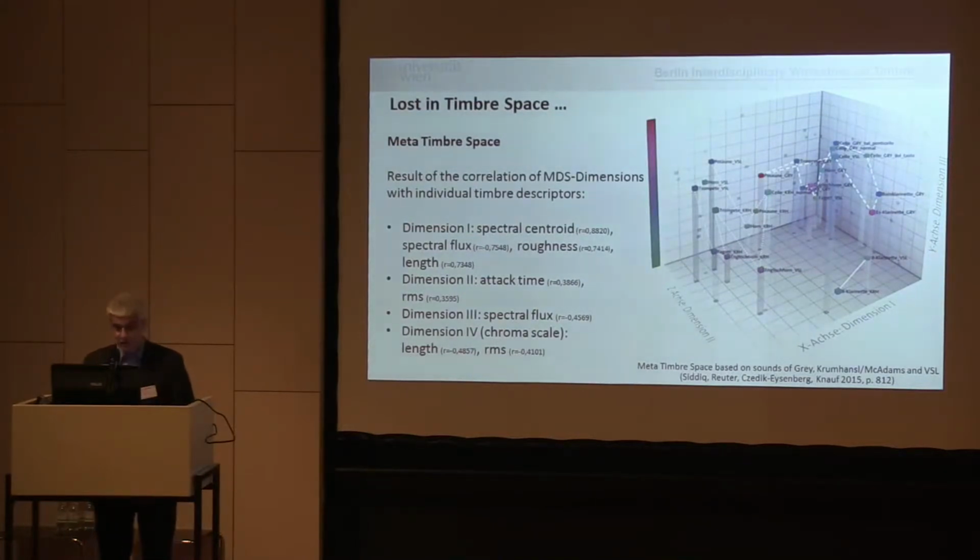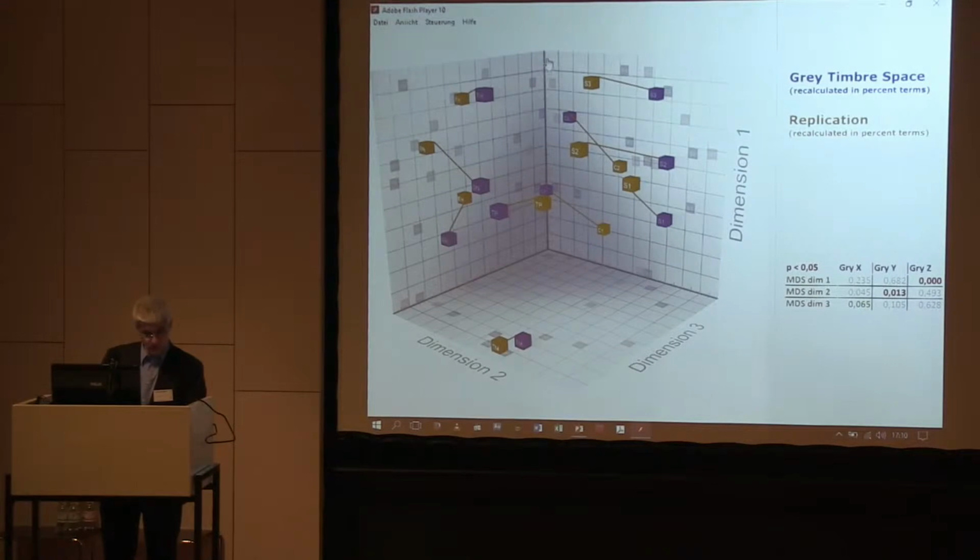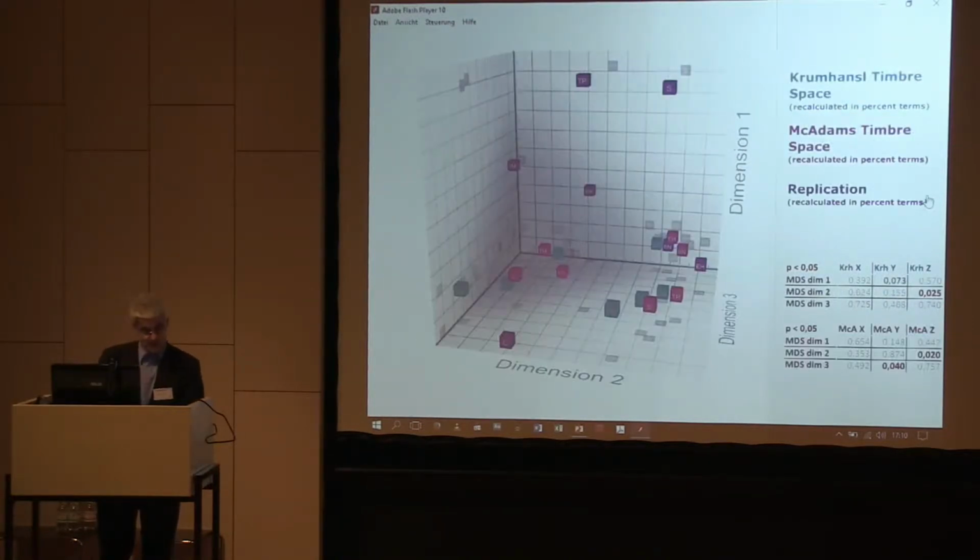Considering only the individual stimuli groups in the multidimensional scaling, that means all stimuli of Krumhansl or all stimuli of Grey, the results of the individual stimuli groups are more or less in accordance with the results of the original particular study.